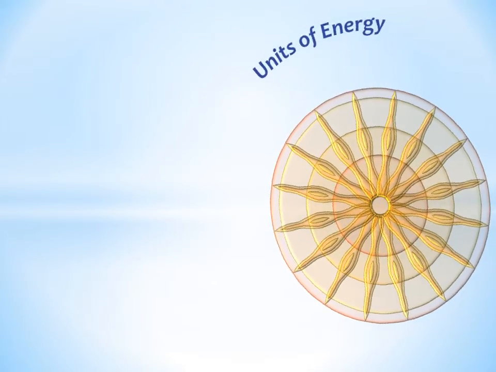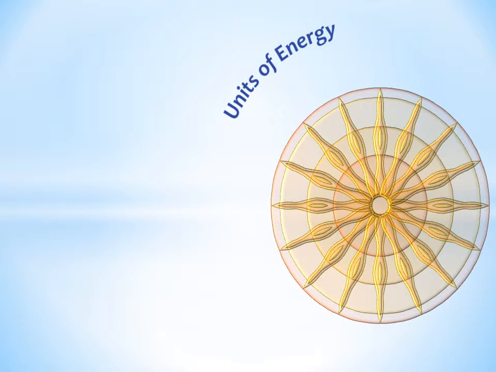Units of energy. The unit of energy is defined as the joule. 1 joule is equivalent to 1 kilogram meter squared per second squared.